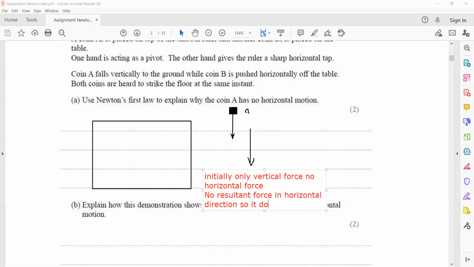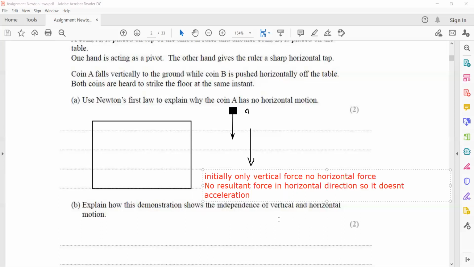So it does not accelerate or change its direction of motion. Is it clear, this first part?